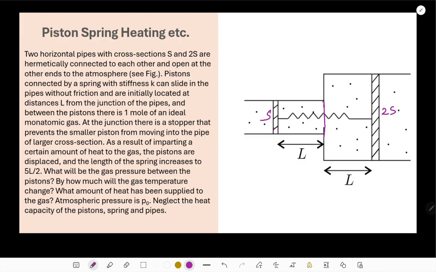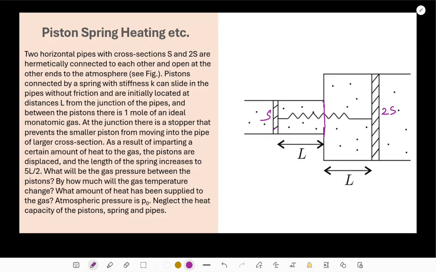Otherwise, equilibrium will not occur. So, this length, the length of the spring, is now 5L/2. That half L is the increased length of the spring.